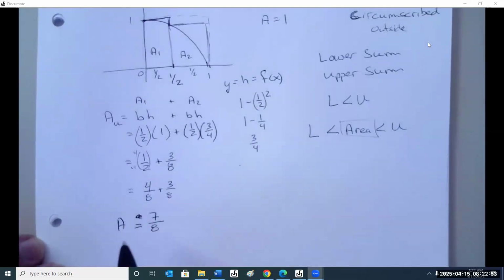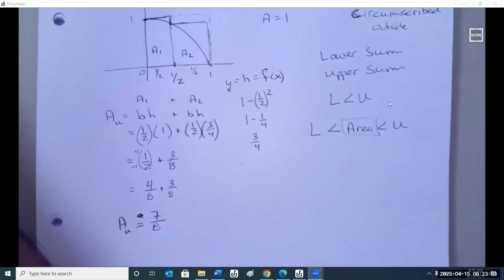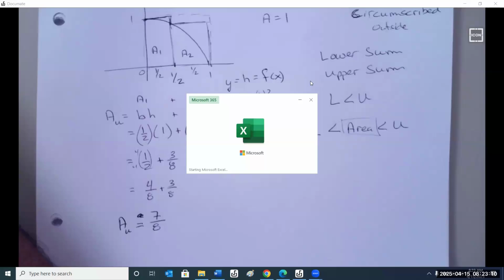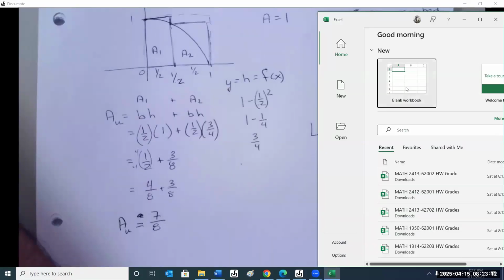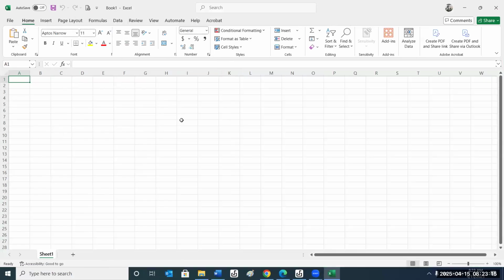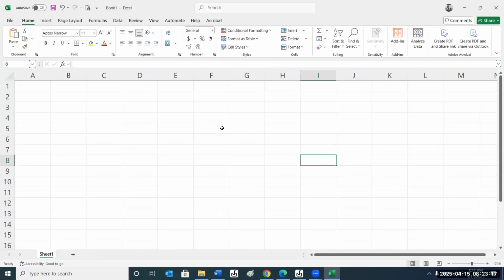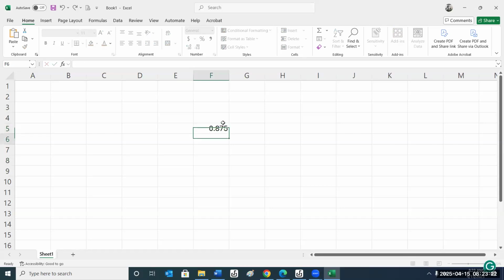That's the area of the upper bound. Seven divided by 8 is 0.875.